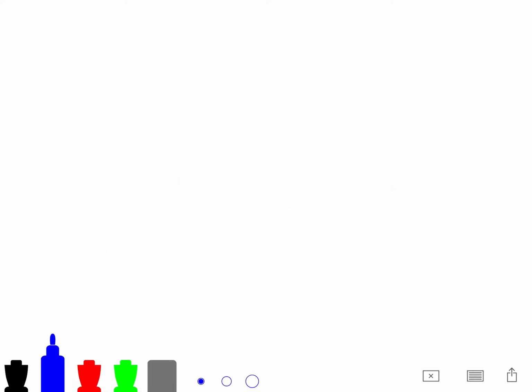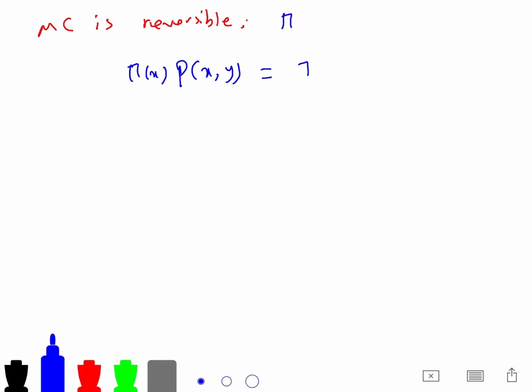And what is important is that, first I should say that a Markov chain is reversible if there is a distribution pi such that pi(x) P(x,y) is equal to pi(y) P(y,x).